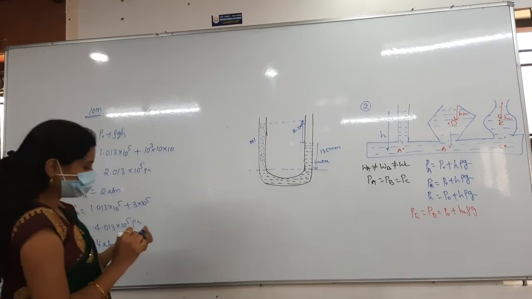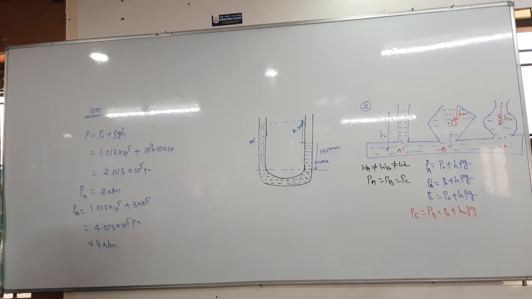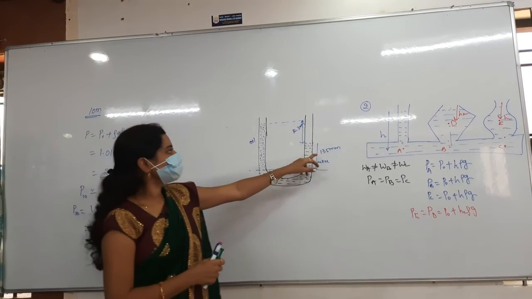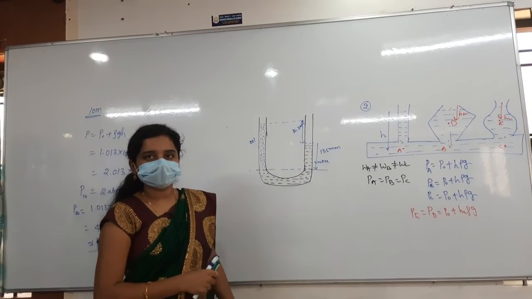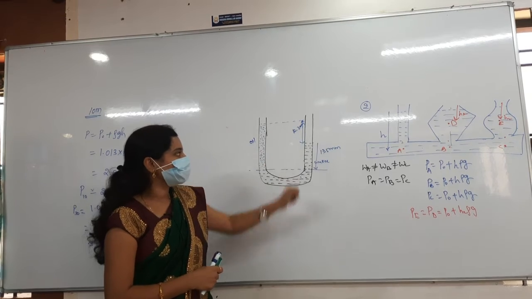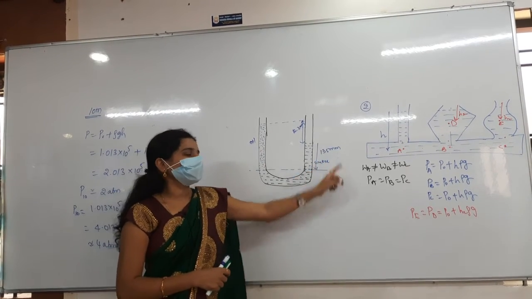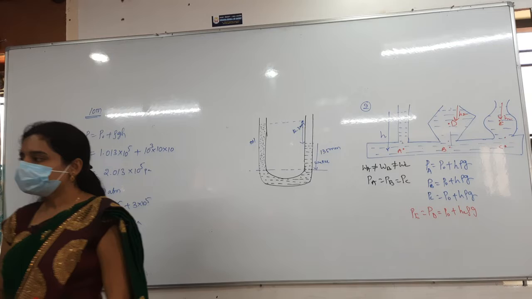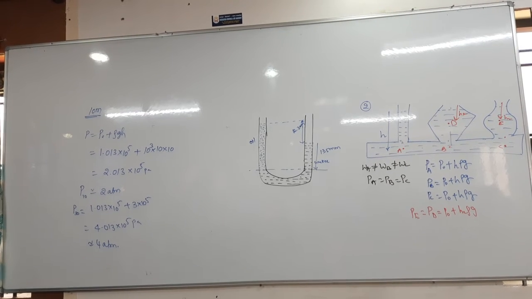Let's check who will do the answer. This is 135 mm. This one is 12.3 mm. The difference in the levels is 12.3 mm, and here this is the 135 mm. This U-tube question came in the previous year, I think 2018.